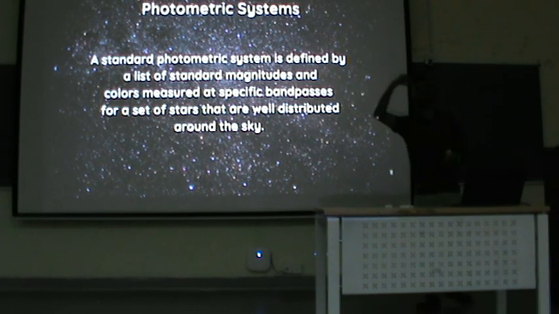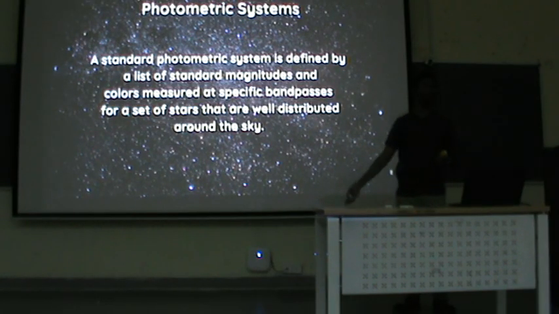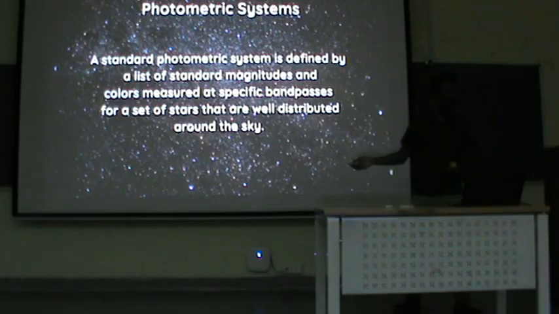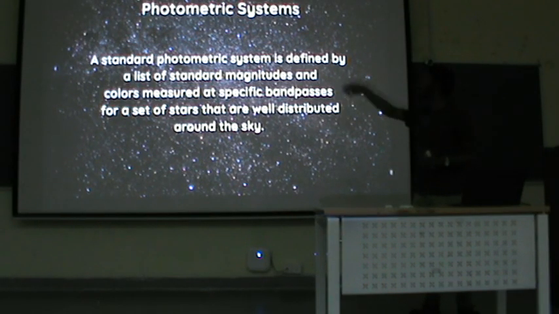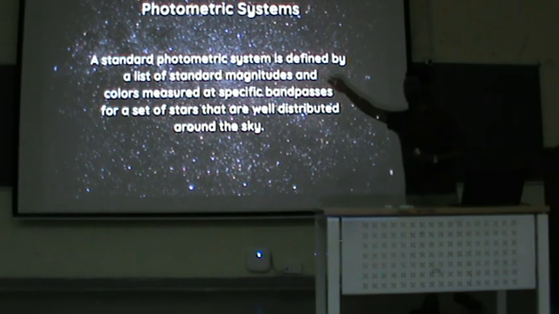Because suppose you are looking at the arm of the Milky Way, you are observing mainly the stars in our own galaxy. So the system you will get from there is not very general. So you need to choose stars that are well distributed around the sky, and that's how you make a standard photometric system.